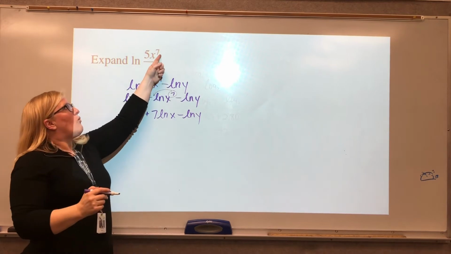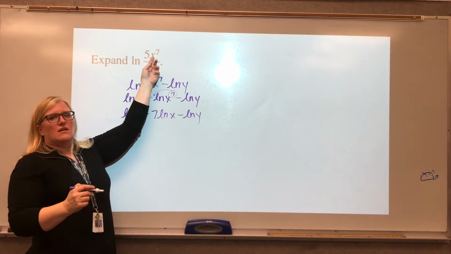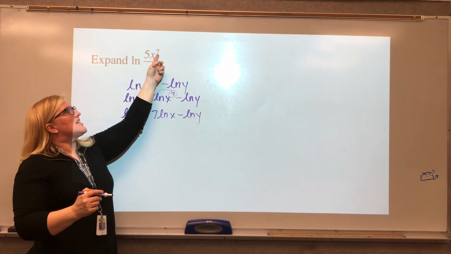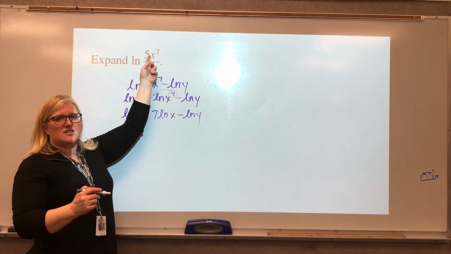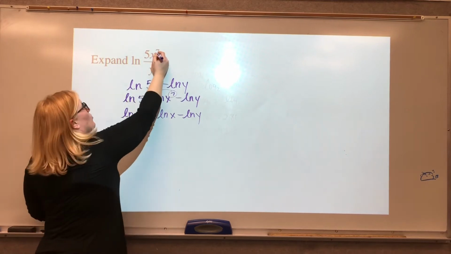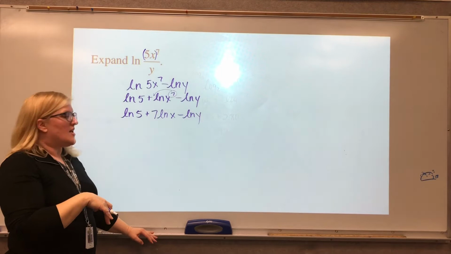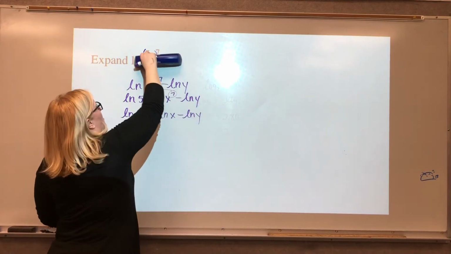So why didn't I bump that 7 up at this point in the problem? Well, it's because the 7 only applies to this x. It doesn't apply to the 5. Now it would if I had parentheses right there, then it would look different. But just know that that 7 only applies to that x.